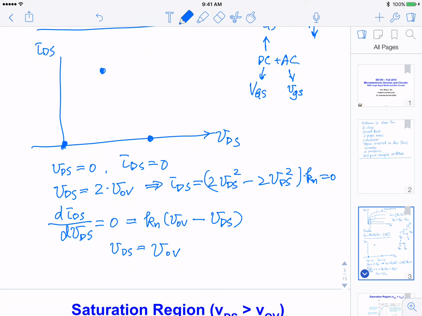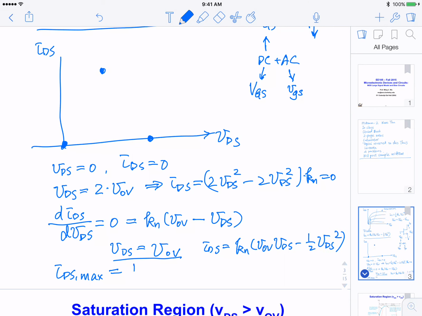And when they are equal to 0, IDS at this time, the maximum value, if you substitute VDS into the equation of IDS, equals Kn V overdrive VDS minus 1/2 VDS squared.